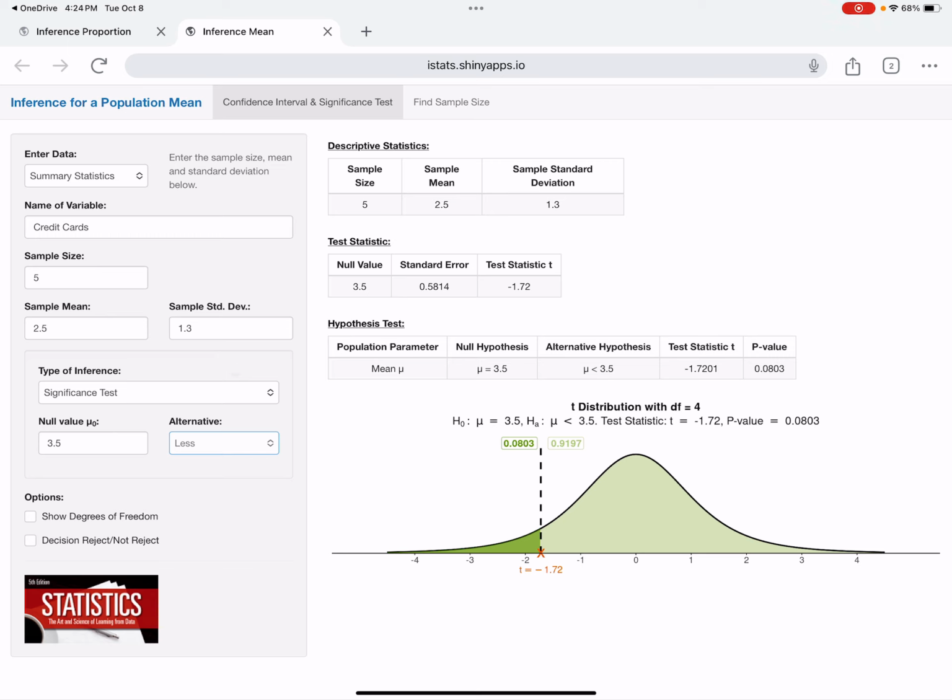Okay, once again, my intuition was off because we have a large p-value, although this p-value is smaller than in the previous case, but we have a p-value of 0.0803.